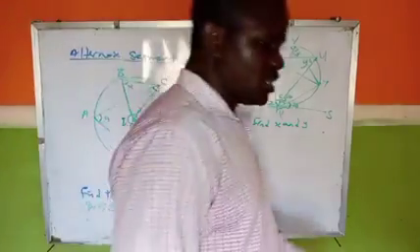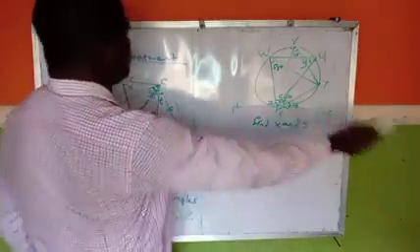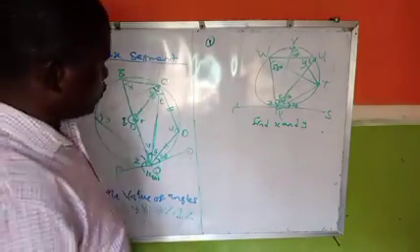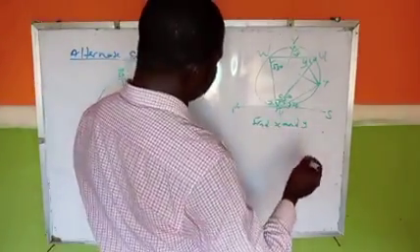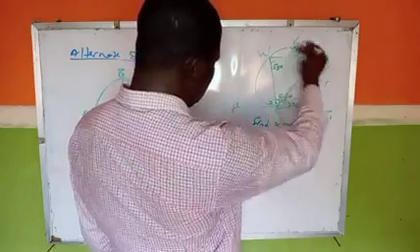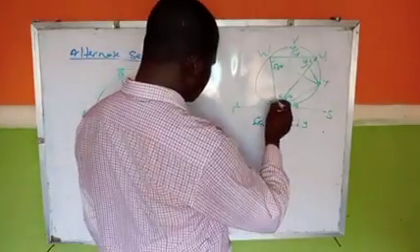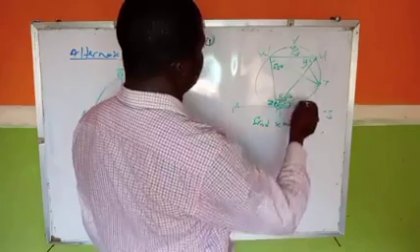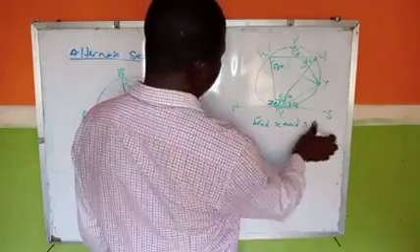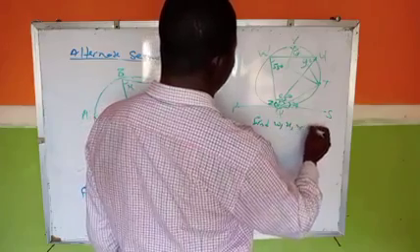So now let's look at this example for alternate segment. Now, what you have here is a circle with the given angles inside it. Then they ask you to find angles w, x, y, and z.